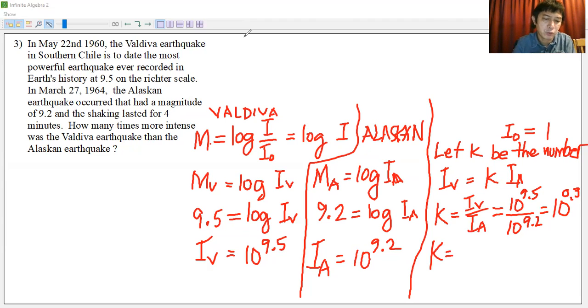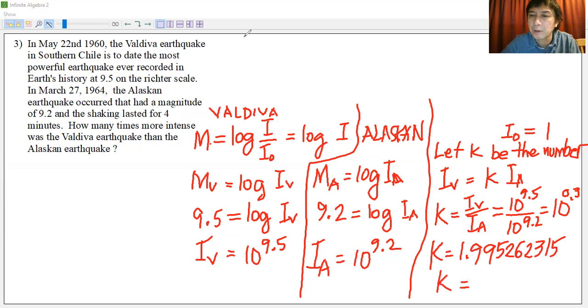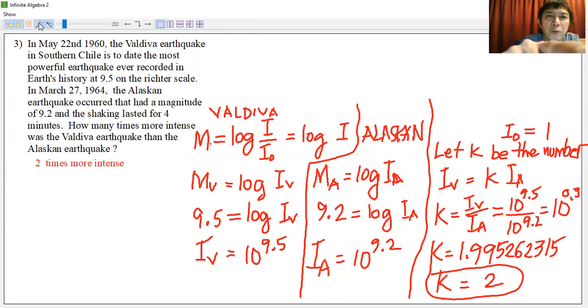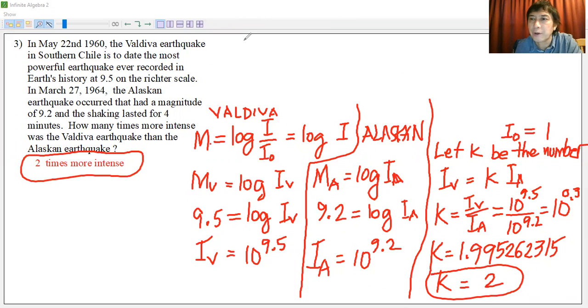How much is 10 raised to 0.3? That should be about 1.9952623. And we can round this to 2, and that's the required number. So it's 2 times more intense. All right, so that will be our answer, and the computer's answer is over here. That goes to our number 3.